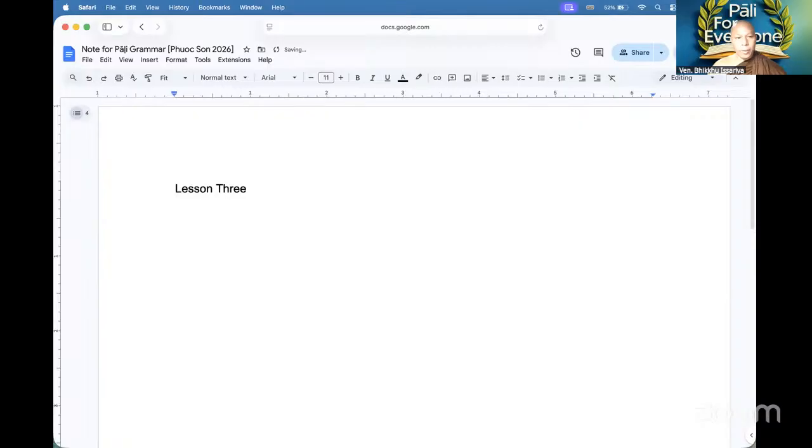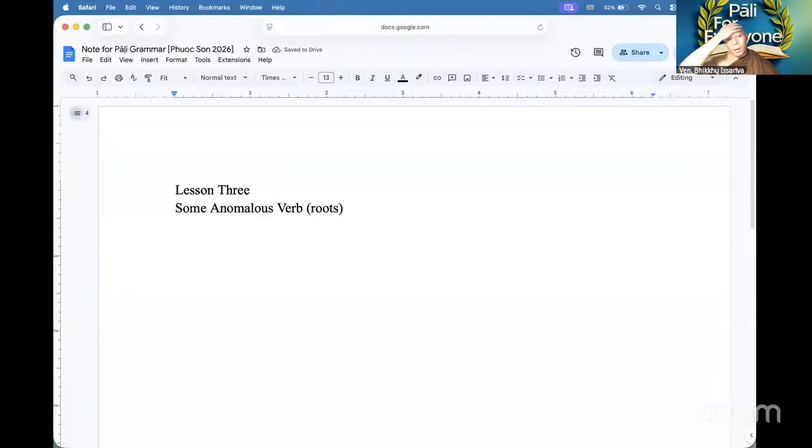So lesson 3. So anomalous verbs or maybe roots.